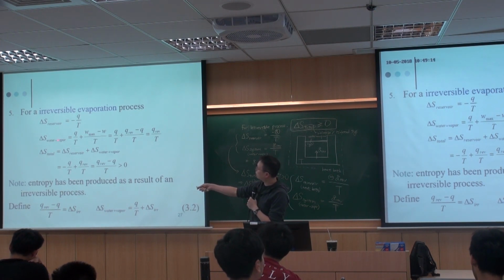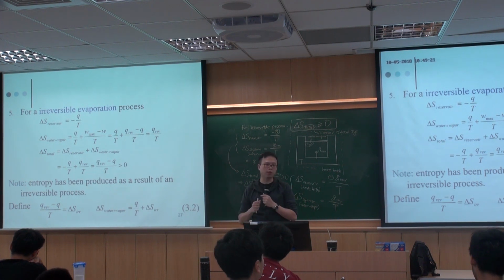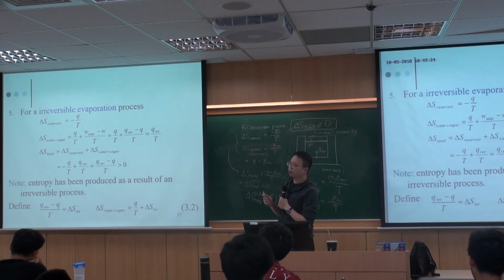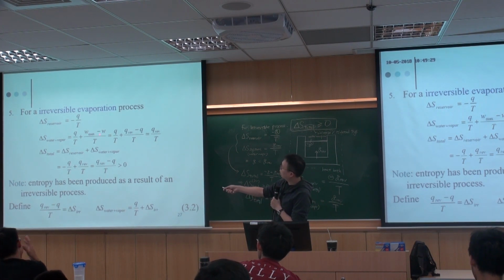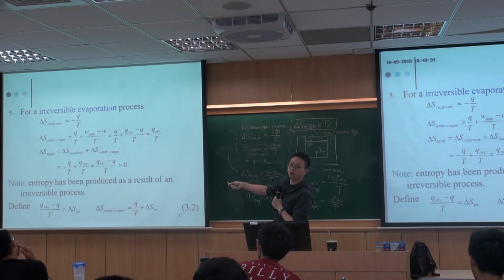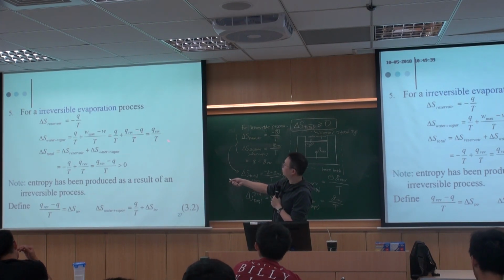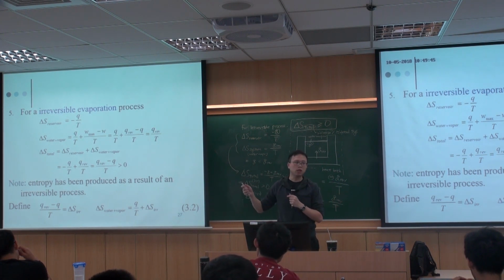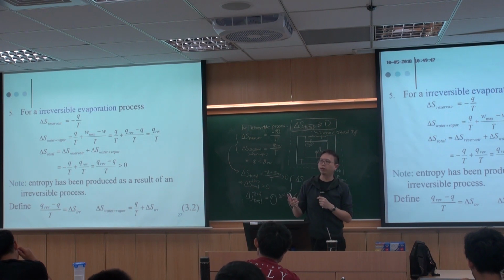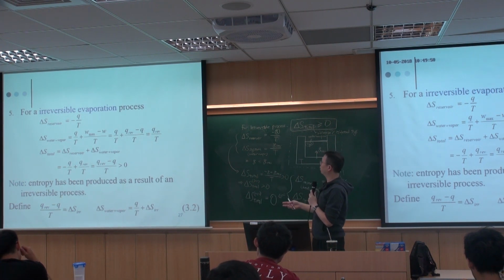So the system actually absorbs a certain amount of heat from the heat bath, but it also gets some contribution from the degradation of work. This is the important part over here, this extra term. And interestingly, this is the same as Q reverse minus Q. So if you do the math, what a coincidence, this is just Q reverse over T. But of course, you can use a different way to interpret this, like I just mentioned earlier.